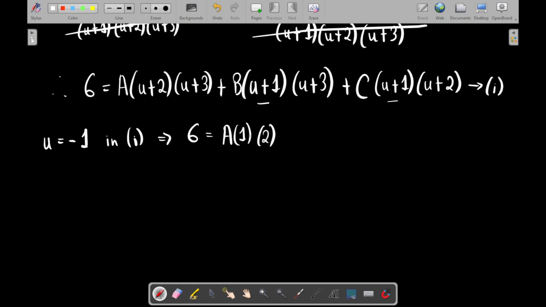So this becomes 6 equal to 2a. So this will give us a equal to 3, right?